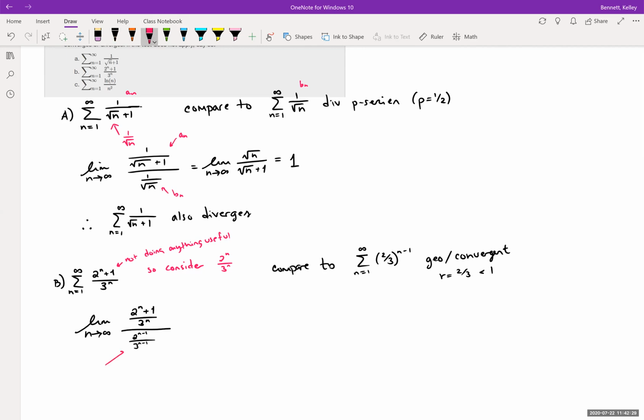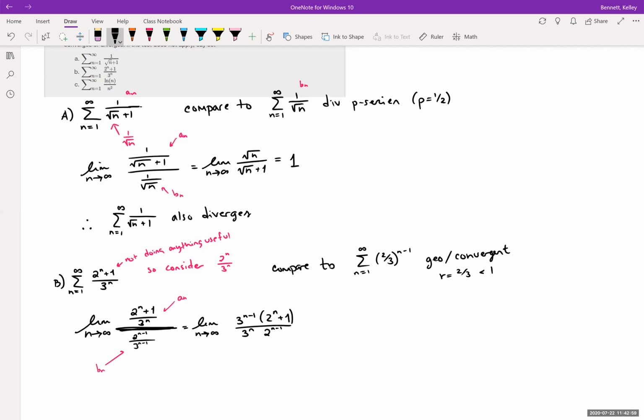So this is a_n, and this is b_n, and this is a fraction of fractions. To simplify this, I'm going to get 3 to the n minus 1 over 3 to the n, times 2 to the n plus 1 over 2 to the n minus 1.